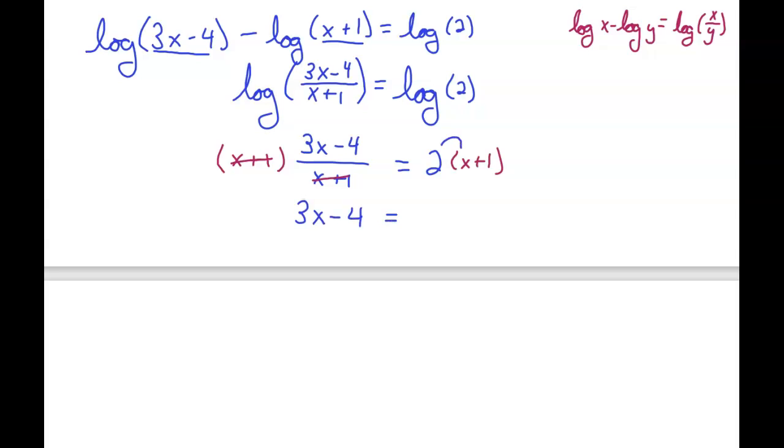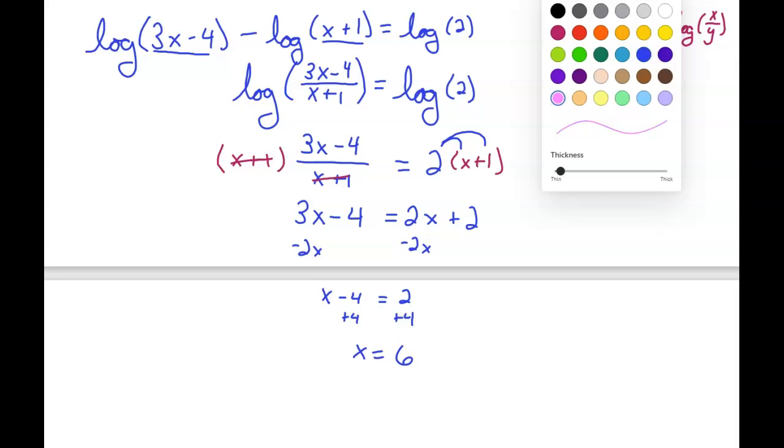I will distribute this 2, and I will get 2x plus 2. And I will continue by subtracting my 2x. So I will get x minus 4 is equal to 2. And then I will add my 4. I will get x is equal to 6.